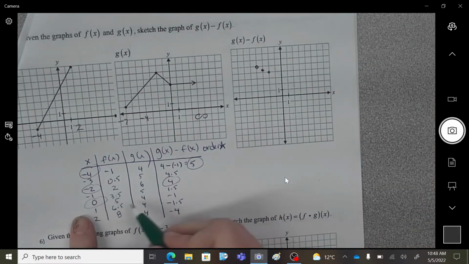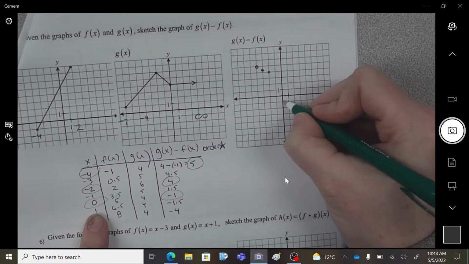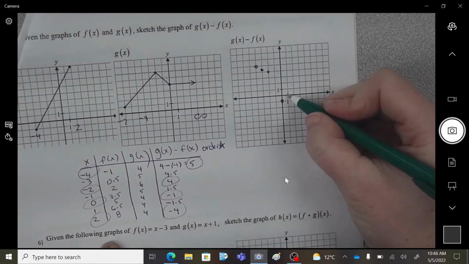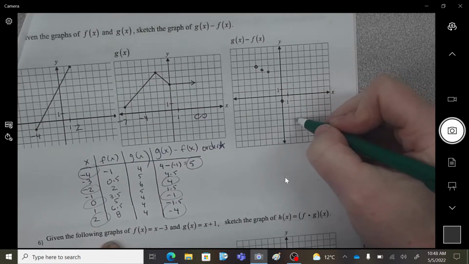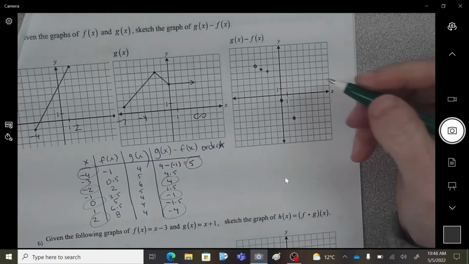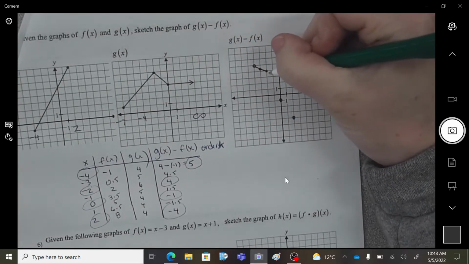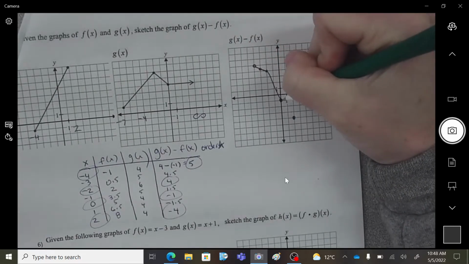I'm going to graph maybe every other one here, so 0, -1, and 2, -4. Okay, so connecting that, and that.